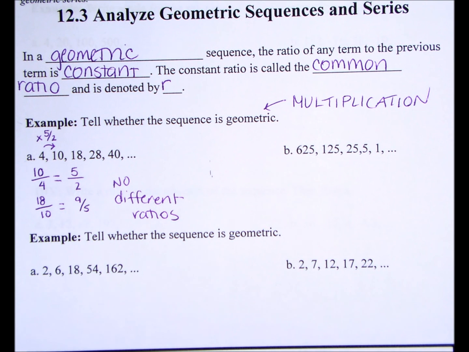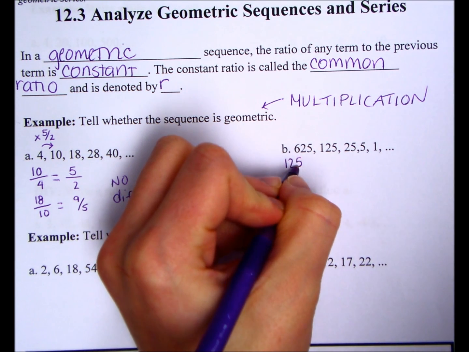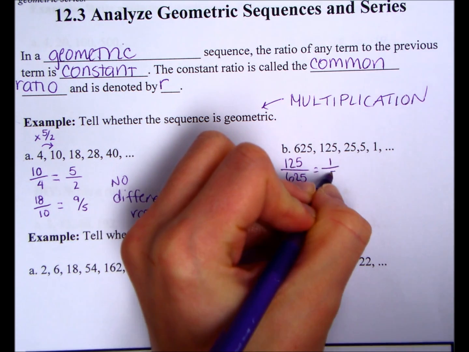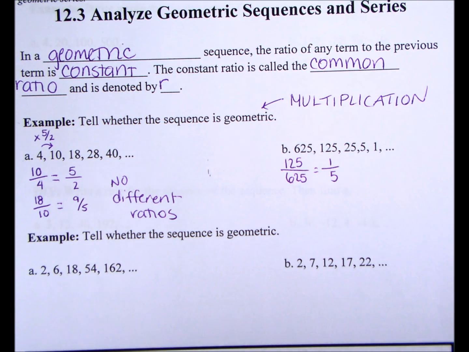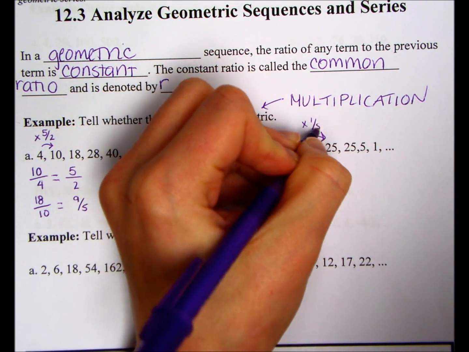And then for B, similarly, I have 625, 125, 25, 5, and 1. To get the common ratio, we always divide the next term by the previous term. So I'm going to divide 125 by 625, and I get 1/5. That's how I know I get from there to there: I'm multiplying by a fifth.